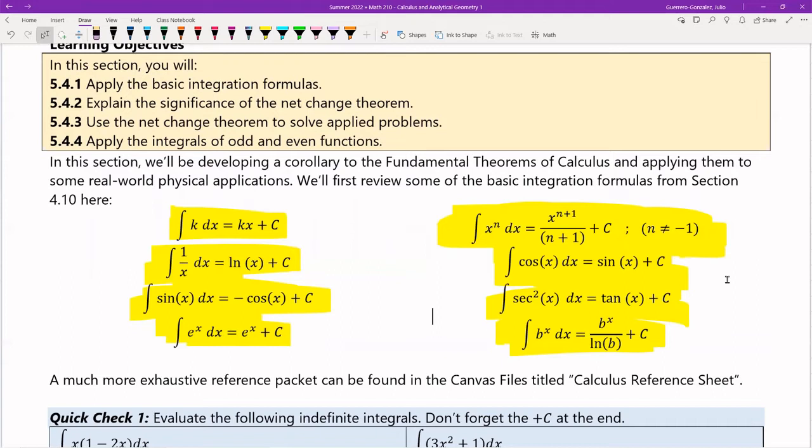So I've grabbed that packet, called it the calculus reference sheet, and put it in the Canvas files on our Canvas page. Once you get into Calc 2, you're going to want to maybe print this out double-sided, or just have it somewhere on your desktop for quick access. That packet is much more exhaustive than these 8 that are right here. These are the most common ones. So if you need any more, head over to the packet.